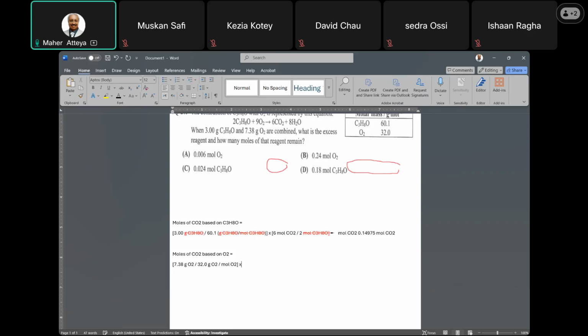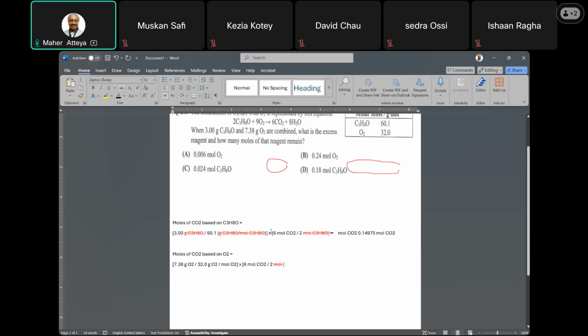Then you divide by, look at the ratio here. You have 6 moles of CO2 to 9 moles of O2, because the oxygen is 9 moles.